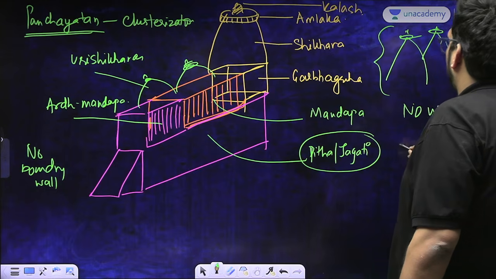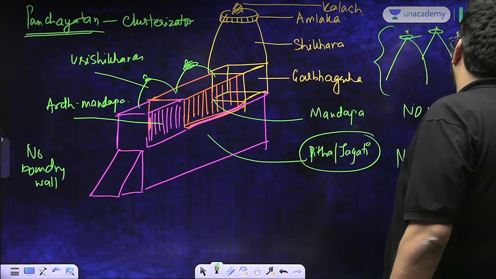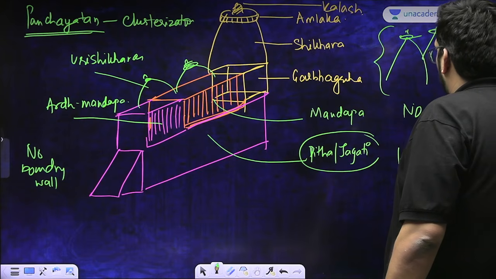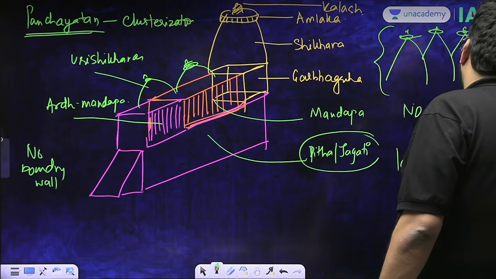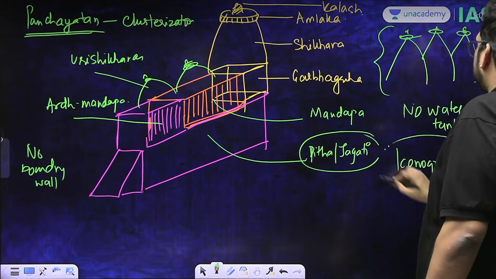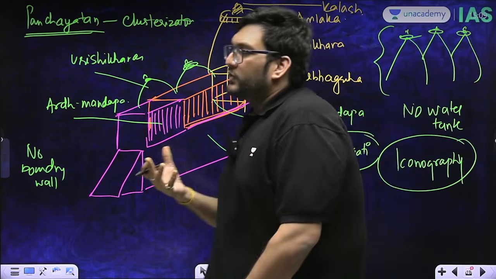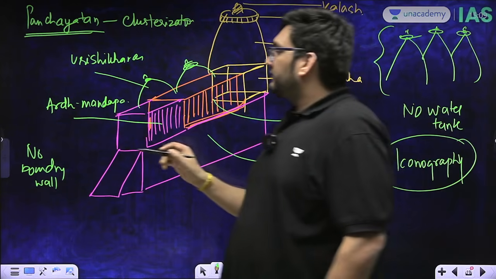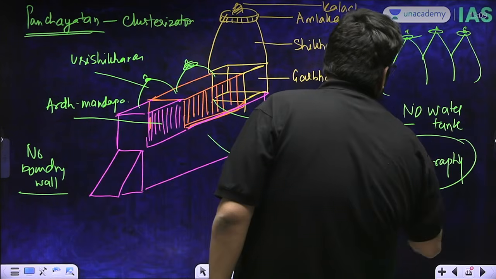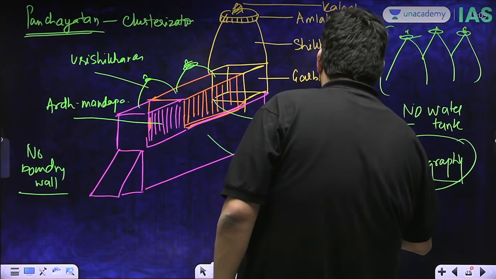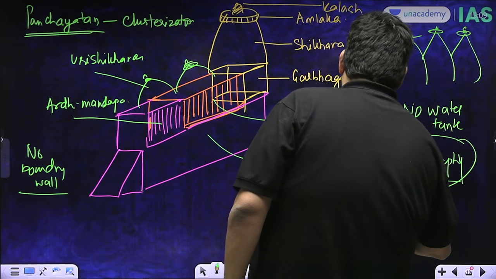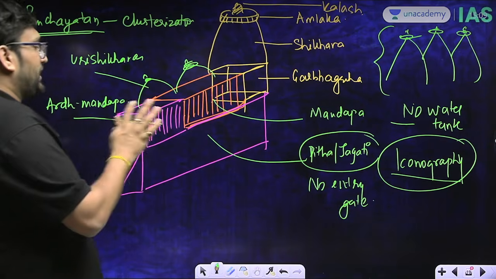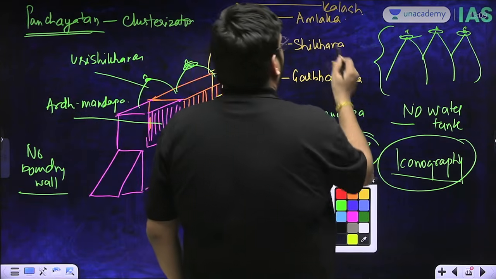At the same time, the iconography is pleasing, meaning you get Ganga, Yamuna, you get pleasing images of Yaksha, Yakshi in the Garbhagriha and at the entry point. So you have no boundary wall, no water tank, iconography is pleasing, and no entry gate also. So these are the features which together make any temple a Nagara style.